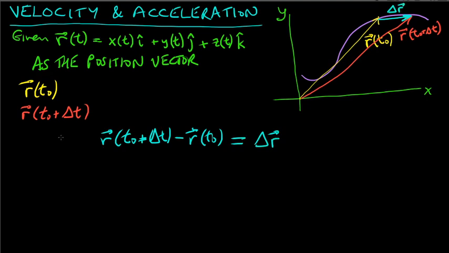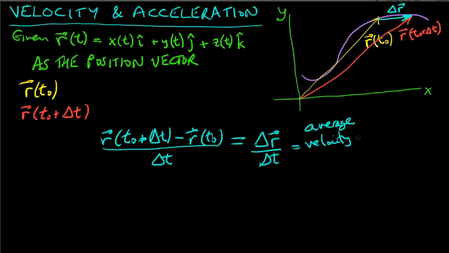And of course, we're just going to divide this by delta t. So this is the change in position divided by the change in time. This is our velocity. Specifically, it's the average velocity from time t0 to time, let's say t1, which is t0 plus delta t again.